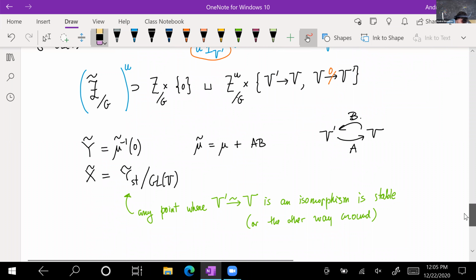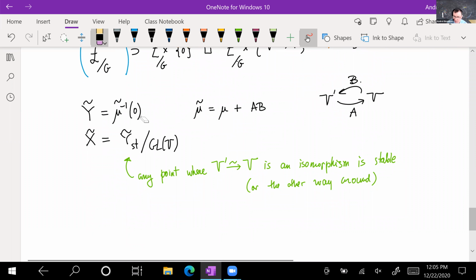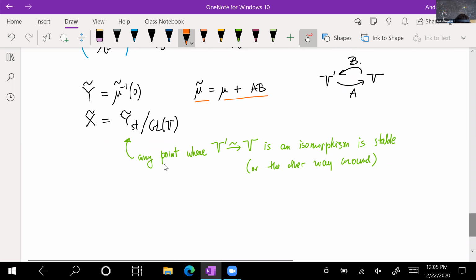Then I have the corresponding moment map, and a corresponding locus Y tilde and corresponding space X tilde, right? And what lies in that space is the locus where this map from V prime to V is an isomorphism.